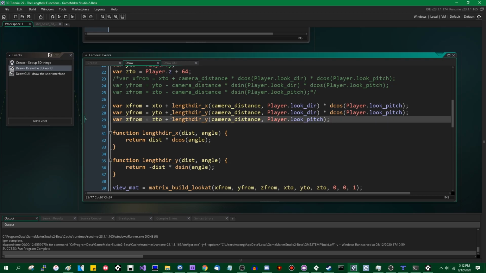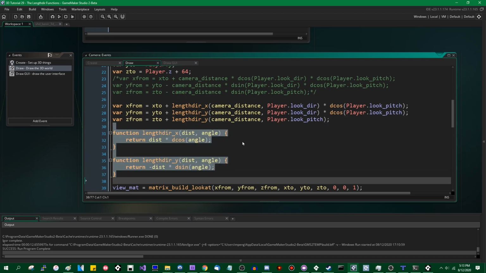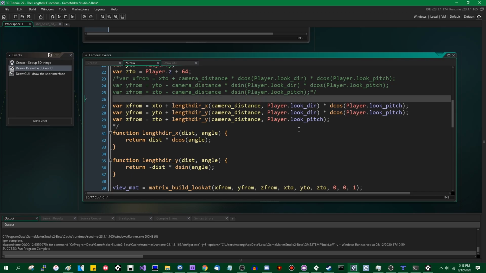You can use either. If you are used to using lengthdir_x and y from 2D GameMaker or something like that when it comes to dealing with angles, you may prefer using those functions over sine and cosine. I personally prefer using the trigonometry functions, as you can probably tell, because it doesn't hide the details of what's going on as much. I think it's helpful to know what exactly the calculation is doing.